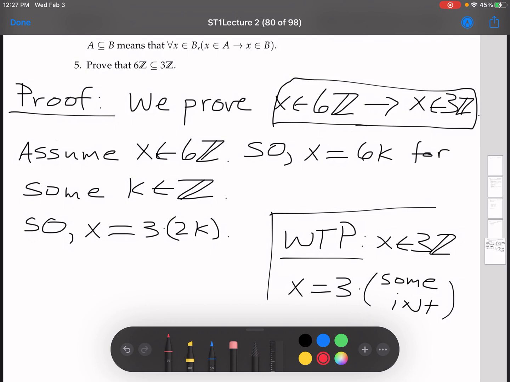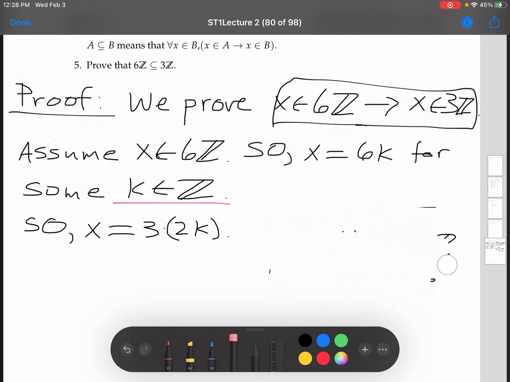Now remember the quantification, or the defining of the variables. Here we defined where k lived. k is an integer, right? We can only say that x is in 3Z if x is equal to 3 times some integer.